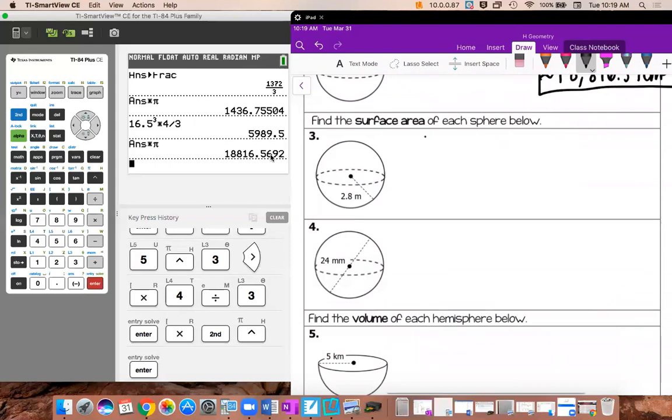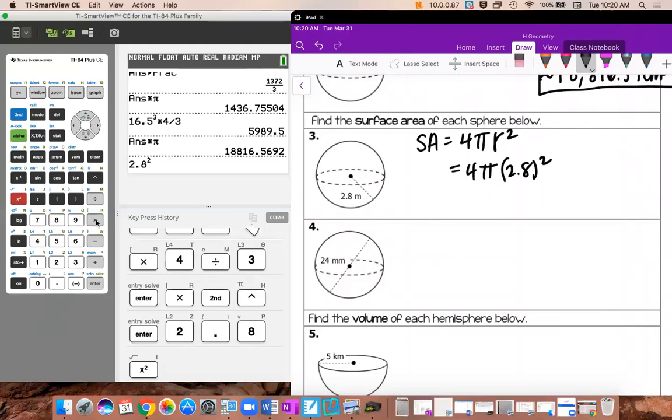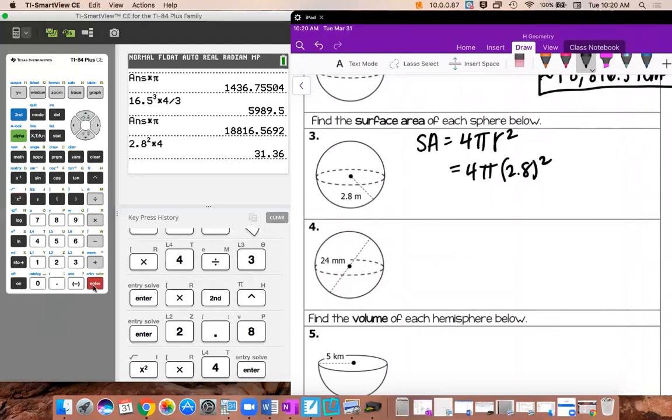Okay, so the surface area formula was 4 pi r squared. And so again, all we need is the radius, and the radius in this one was 2.8. So 4 pi 2.8 squared. Plug it in your calculator, 2.8 squared times 4, because we're going to see what it is exact.